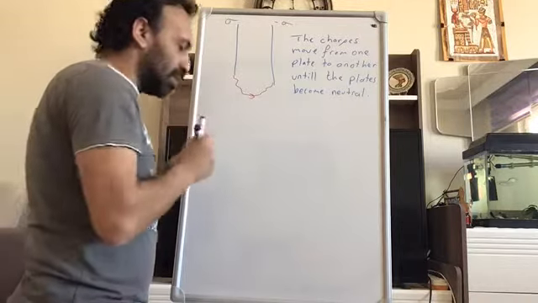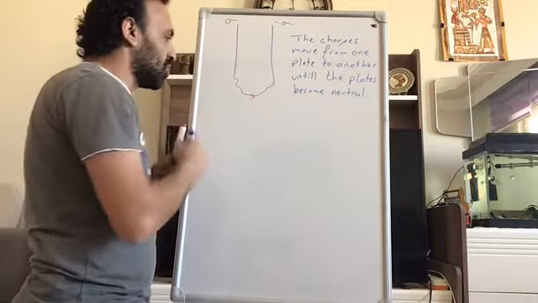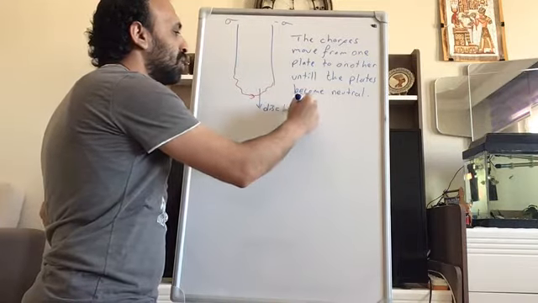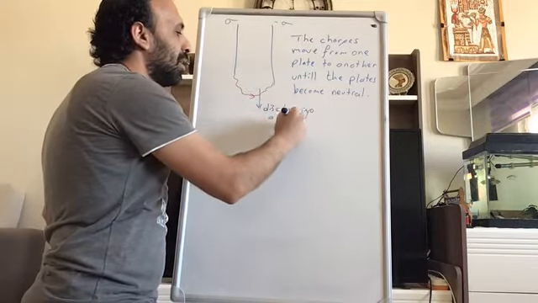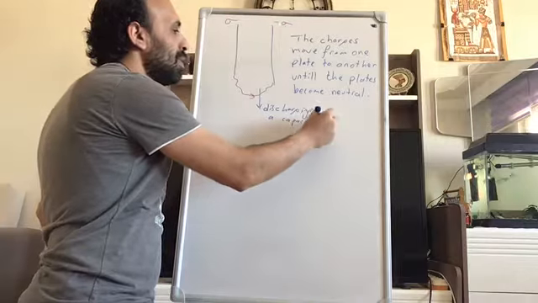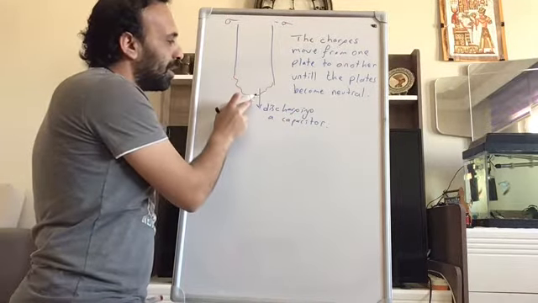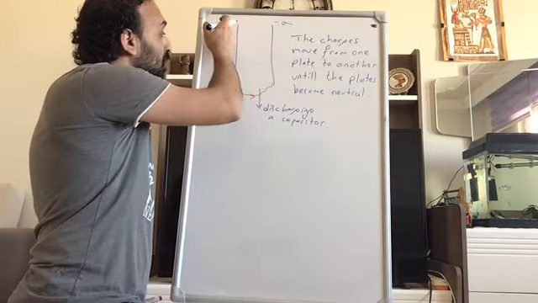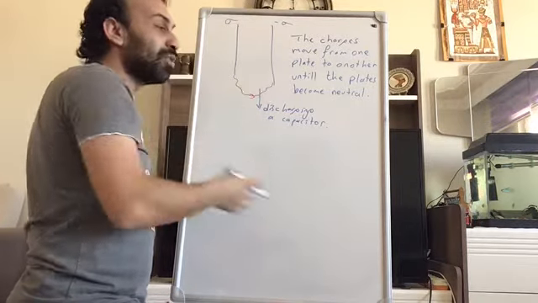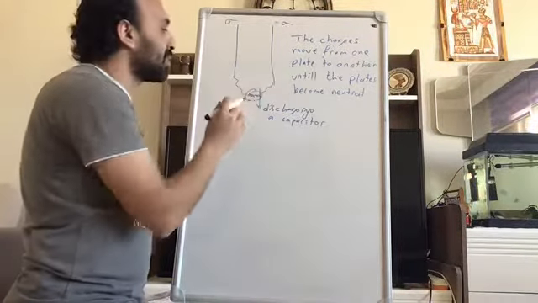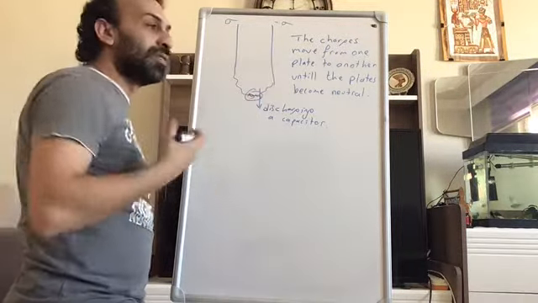We call this process discharging. Okay, this process is called discharging a capacitor. If you put some device here, while the charges are moving, they also run the device. So if you put a bulb here, then you will see some light. If you put a heater here, you will feel some heating.